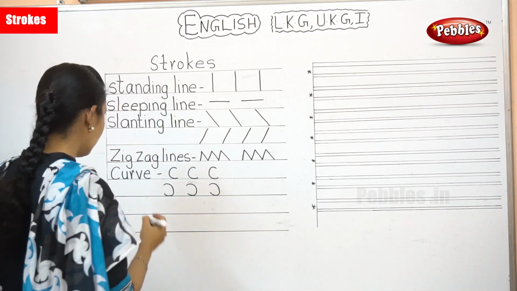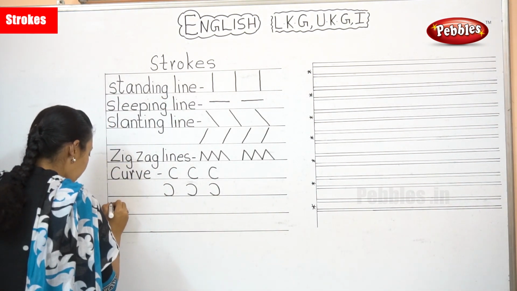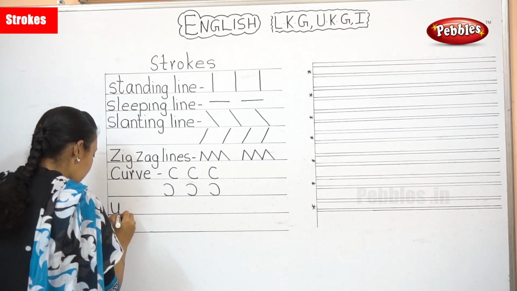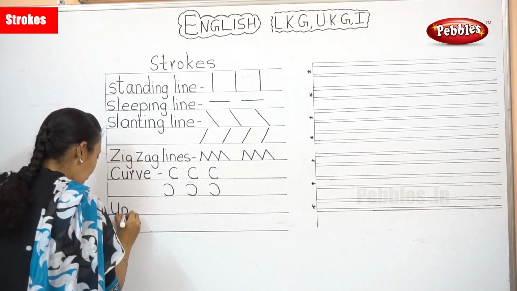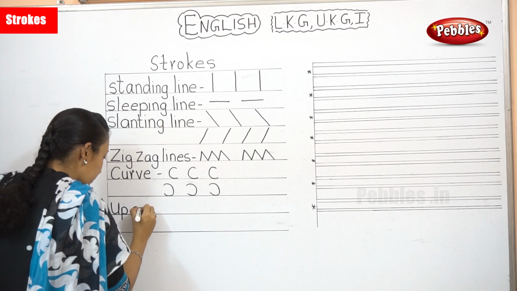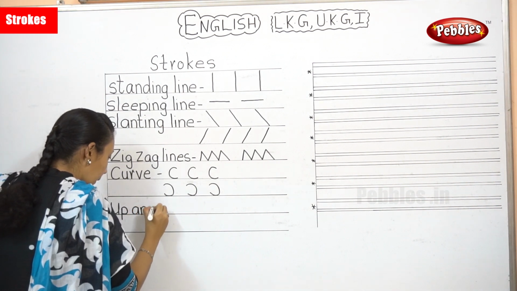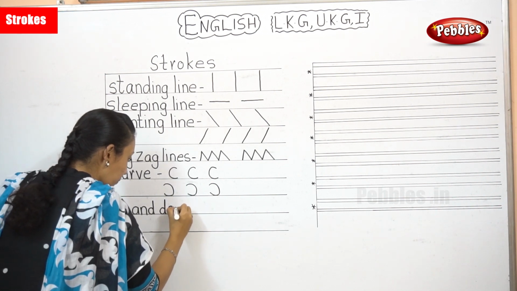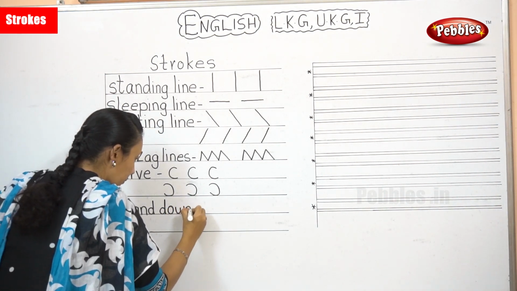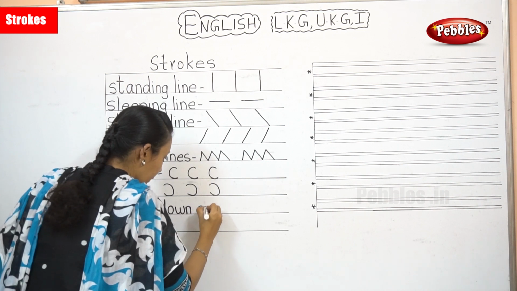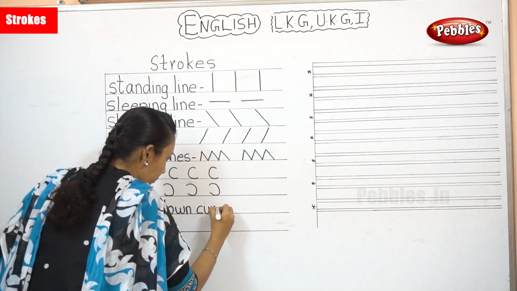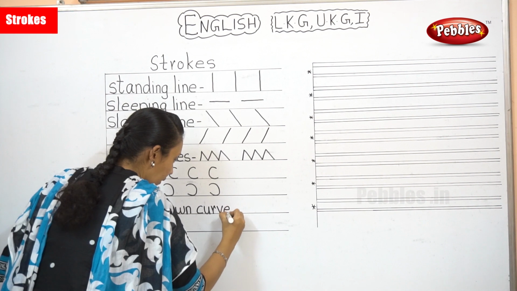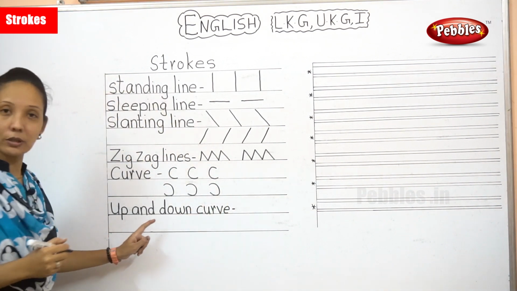Okay, now next you have up and down curve. Okay, it's up and down curve. Now how do we do your up and down curve?